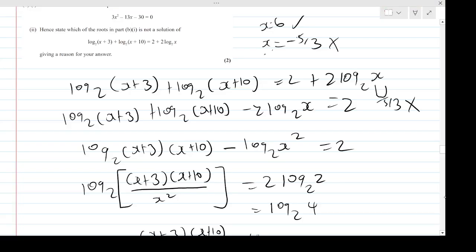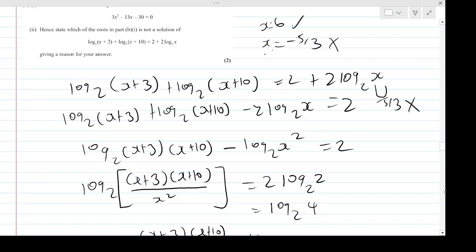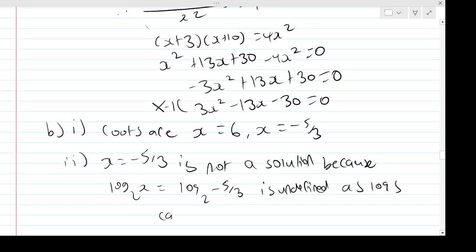So x equals minus 5 over 3 is not a solution because the log, log 2 of x, that's going to be log 2 of minus 5/3, is undefined, as logs can only take positive values.